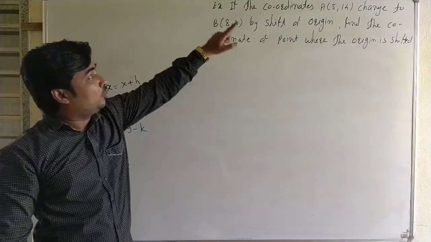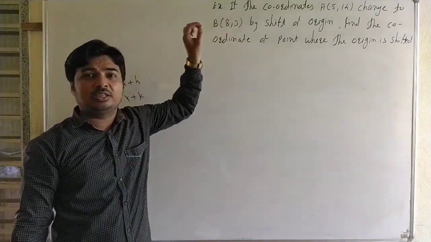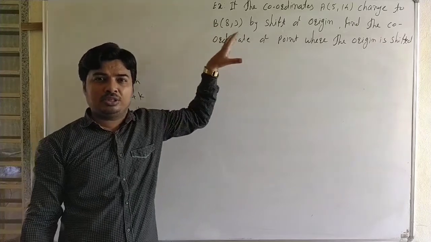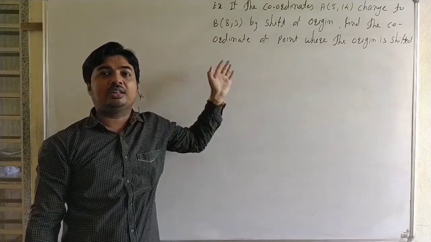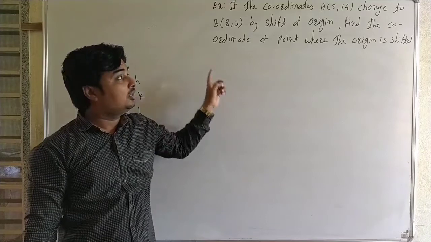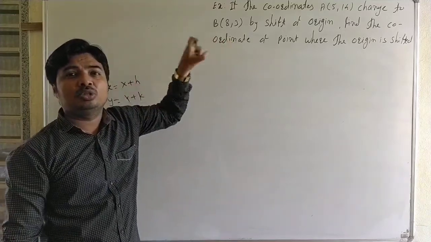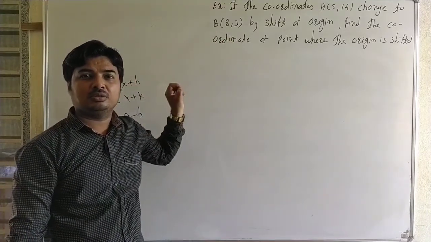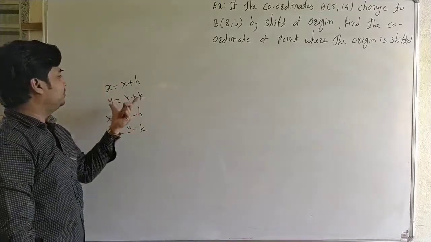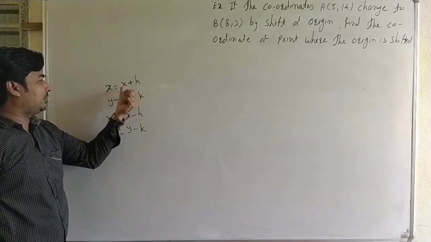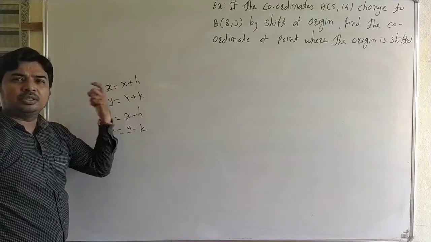Now here the old coordinates and new coordinates are given, that is small x, y and capital X, Y are given. We want to find the coordinates of the shifted origin, that is h, k, by using this formula. Given x, capital X, y, capital Y, we find the values of h and k.